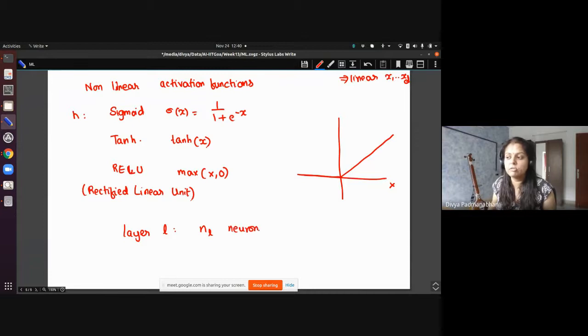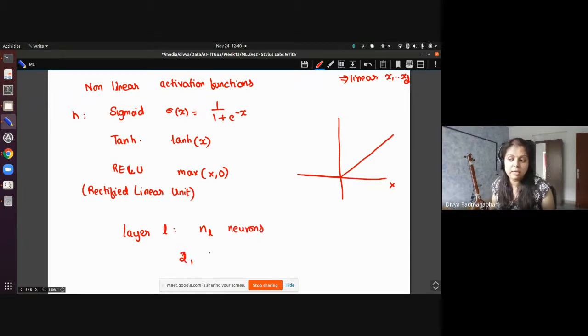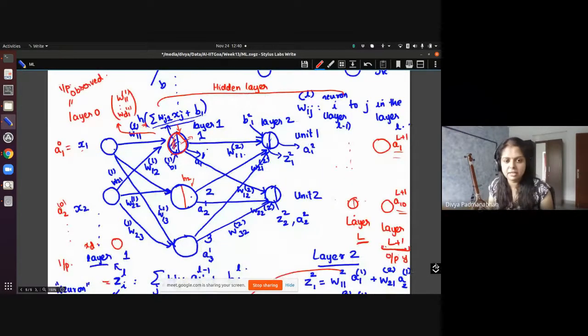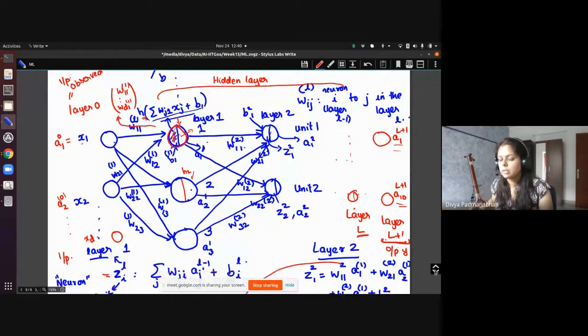It could be that the first layer had two neurons, the second one had five, the third had three. You can have different kinds of configurations like this. So these are all tunable. These are things that you experiment with to find the best number for each layer.